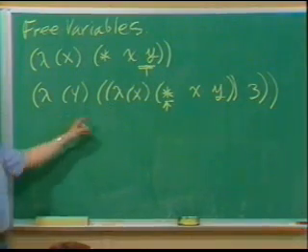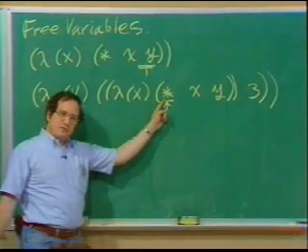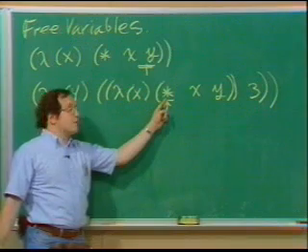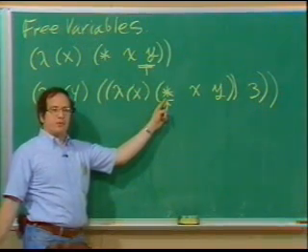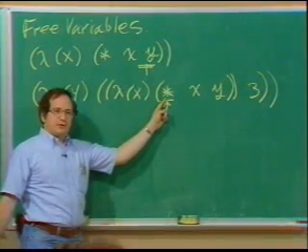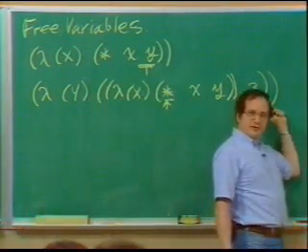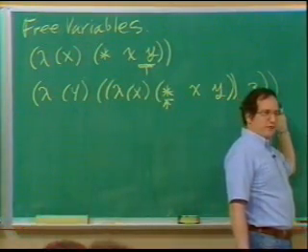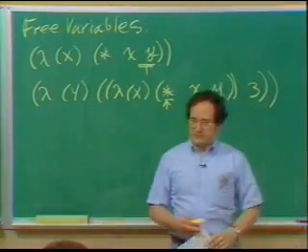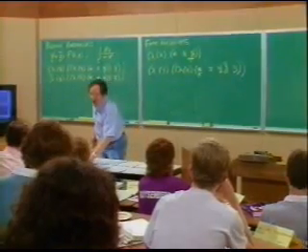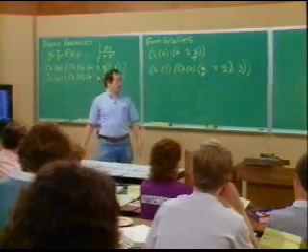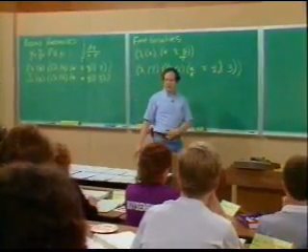Because if that has the normal meaning of multiplication, then if I were to replace uniformly all asterisks with pluses, then the meaning of this expression would change. That's what you mean by a free variable. So far you've learned some logician words which describe the way names are used.